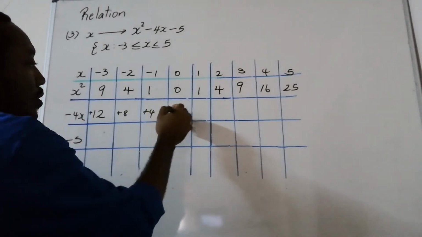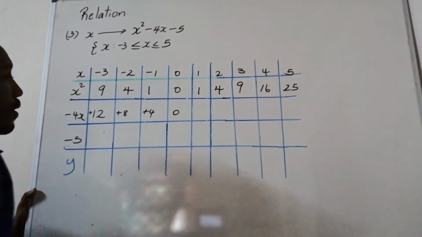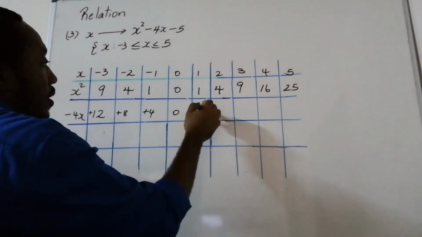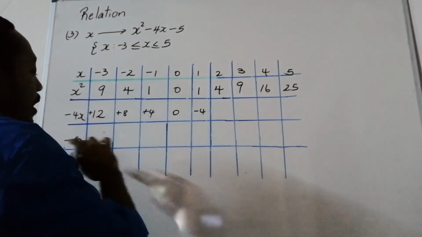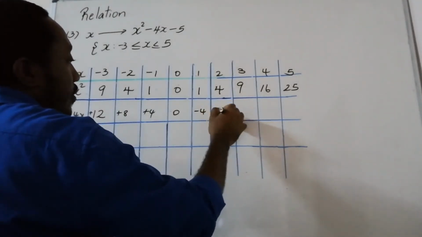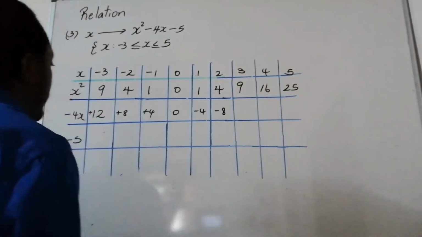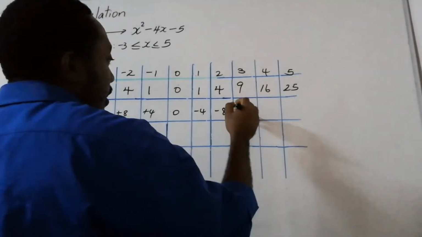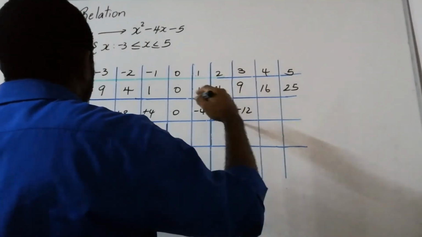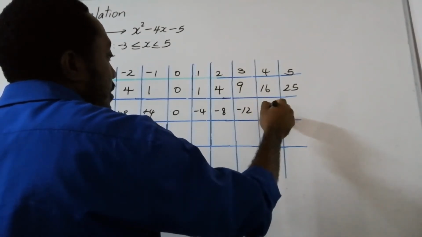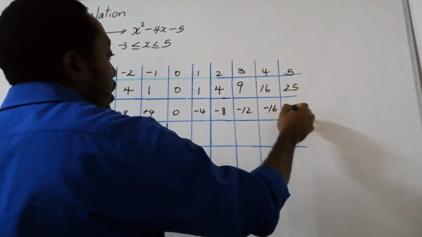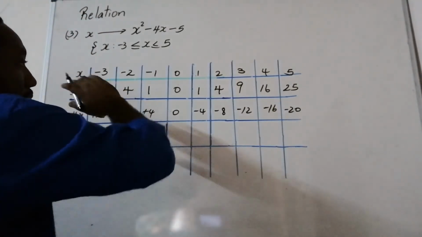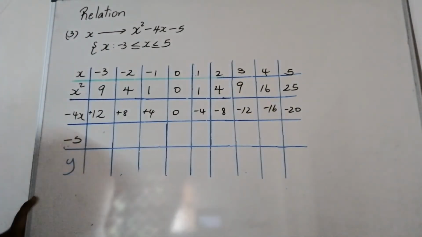This will give us 0. Negative 4. 1 times negative 4 will give us negative 4. 2 times negative 4, negative 8. Then we will have negative 12, negative 16, and negative 20. Alright, we multiply each x value by negative 4.